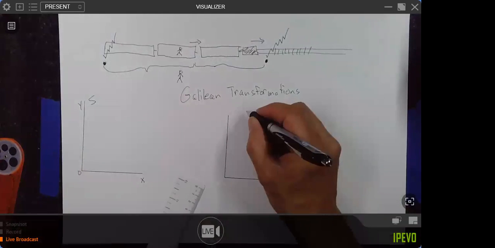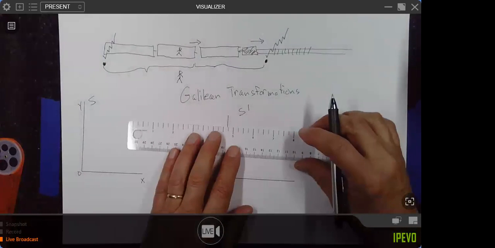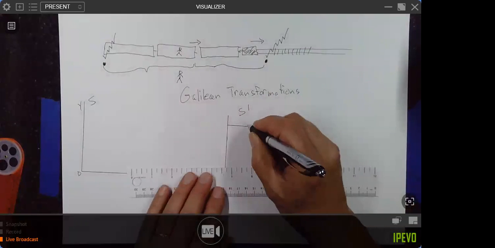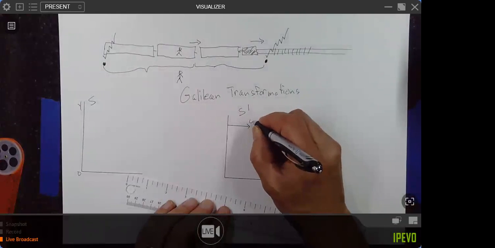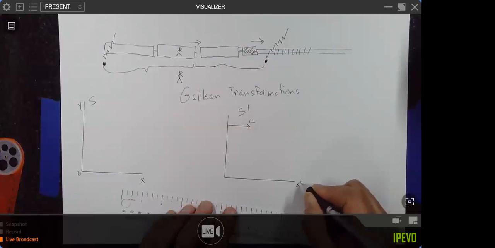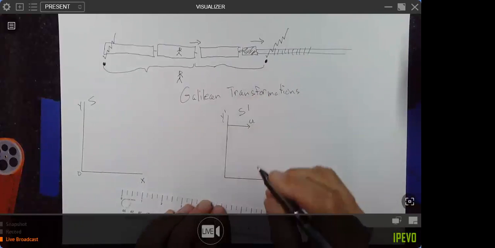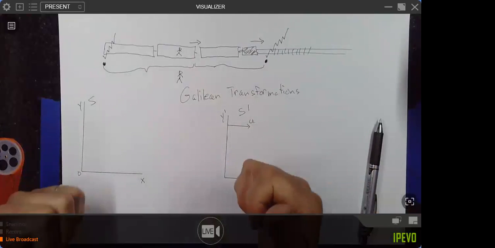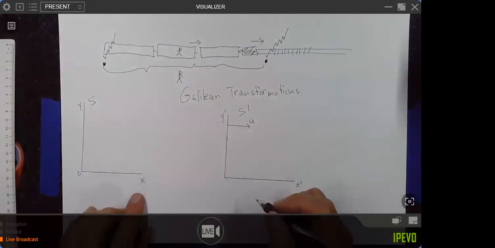And then there will be an S prime frame, which is moving with respect to the S frame. We'll imagine that this entire reference frame is moving to the right with a speed u, and there will be an X prime coordinate, a Y prime coordinate, and you can imagine a Z and Z prime coordinate that's at right angles to these two, but we can just deal with this.